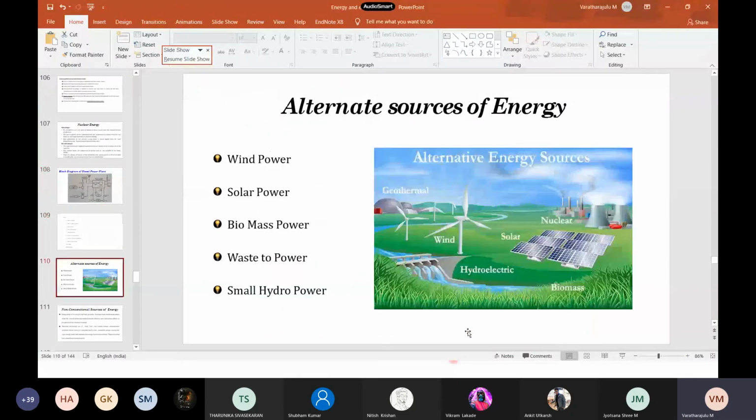Today we will see about the alternate source of energy. Under renewable and non-renewable, we need to be conscious about the non-conventional power generating systems, because the sources which we discussed so far are depleting in nature, and might be exhausted by the middle of next century, as predicted by various scientists.